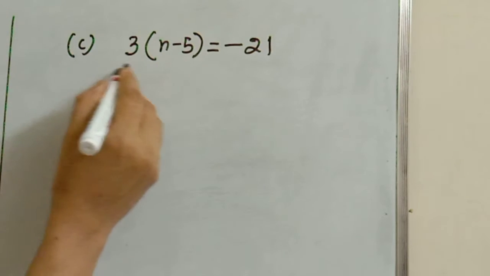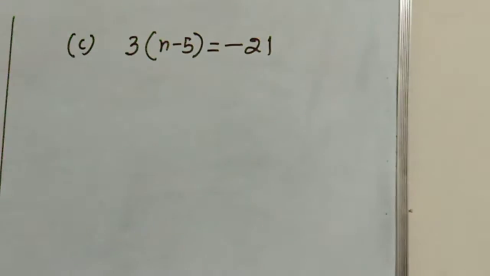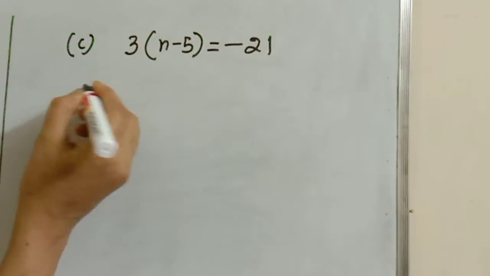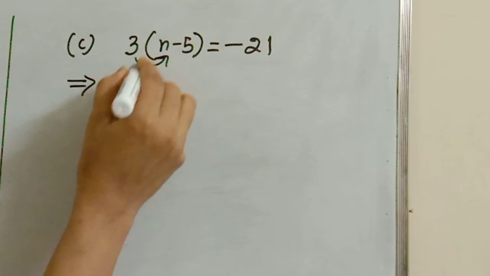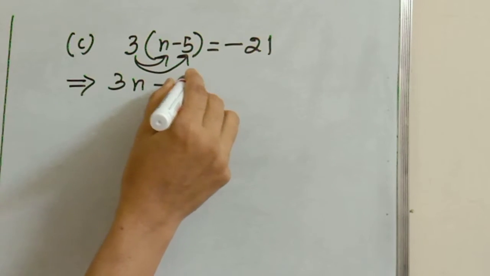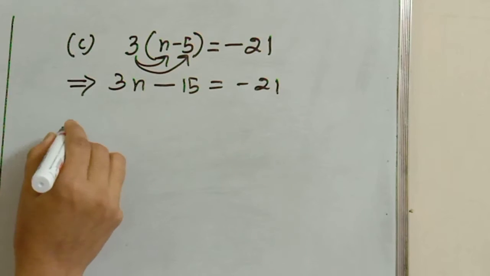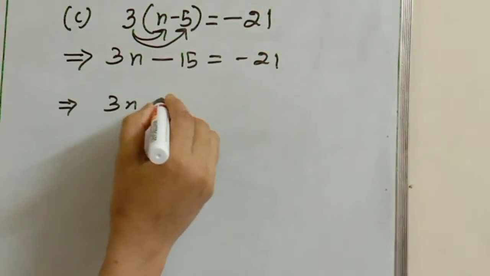Question number C. 3 into n minus 5 is equal to minus 21. Same sum, just the right hand side portion is minus 21. Do the same way. 3 into n minus 3 into 5, 15, is equal to minus 21. Then transposing method: 15 will go to this side.